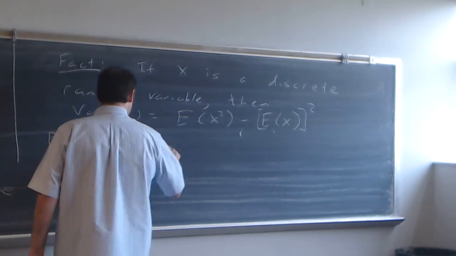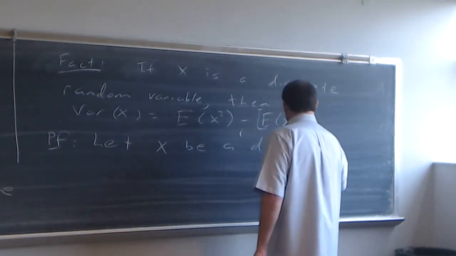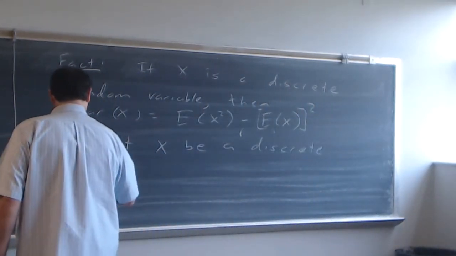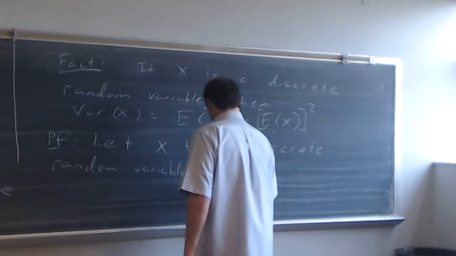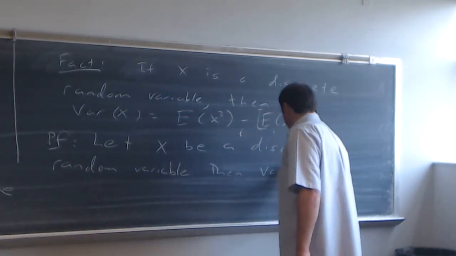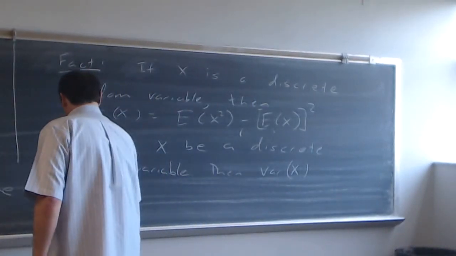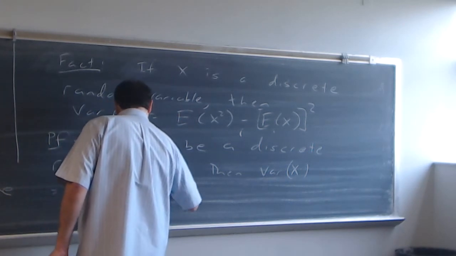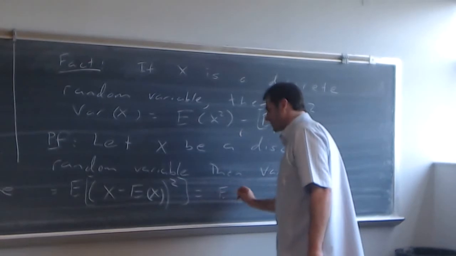It's a useful fact. It's quite often the method that we'll use to compute the variance. And so here is a proof. We'll let X be a discrete random variable. Then, as we know from the definition, the variance of X is equal to the expected value of (X minus the expected value of X) squared.